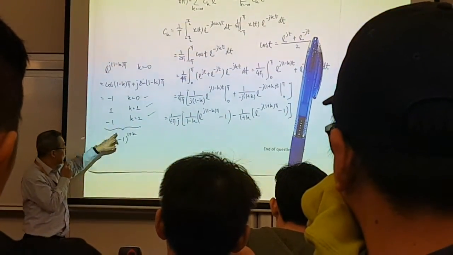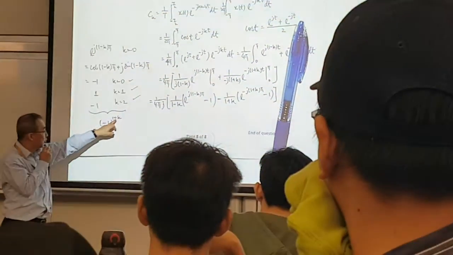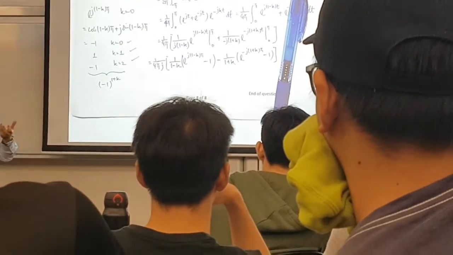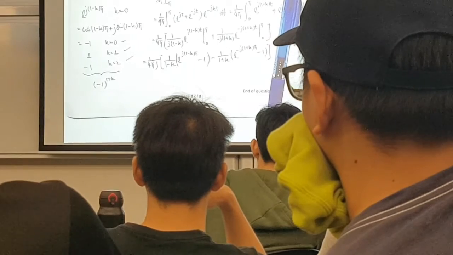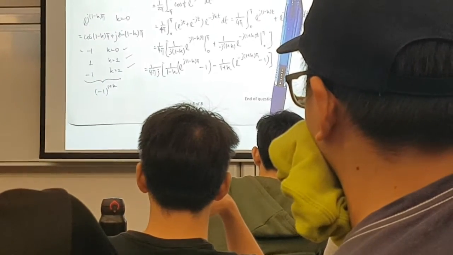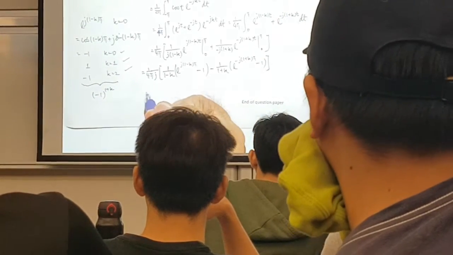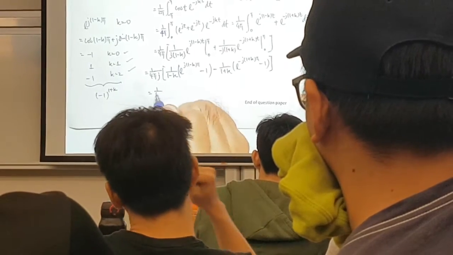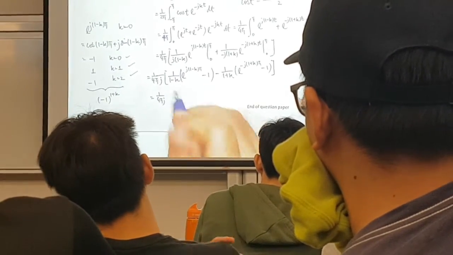When k is equal to 2, you end up with 1 plus 2, which is 3. Minus 1 raised to the power of 3 is still going to be minus 1. So that is not easy, but hopefully you can see it.